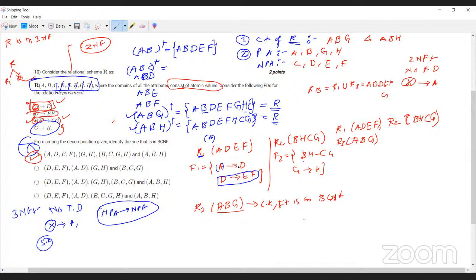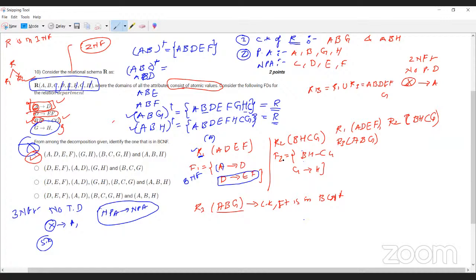So A determines D and D determines EF is a transitive dependency, right? Where A is a key for this relation R1. So this relation is not in 3NF, right? Yeah, this relation is not in 3NF because of the transitive dependency.